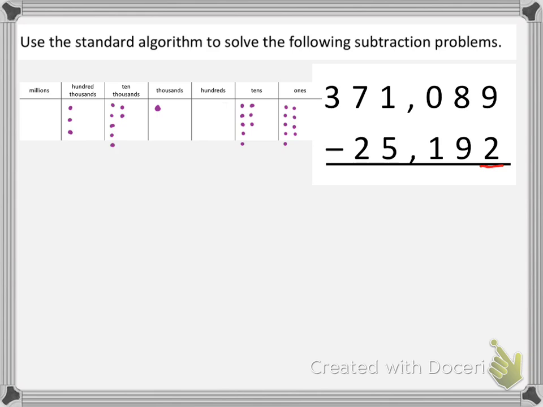But there is nothing in the hundreds. So in that case, we have to go now to the thousands. And we are going to take 1,000 away and cash this in and give 10 hundreds. 1, 2, 3, 4, 5, 6, 7, 8, 9, 10. 10 hundreds.